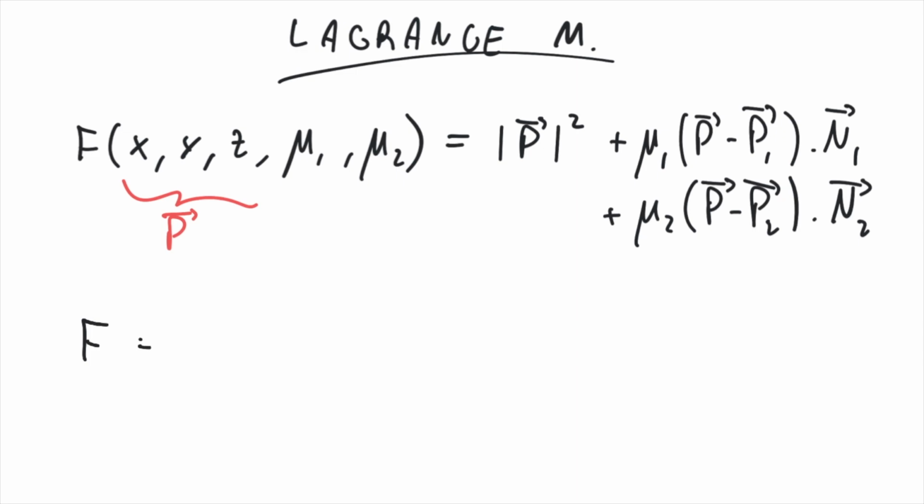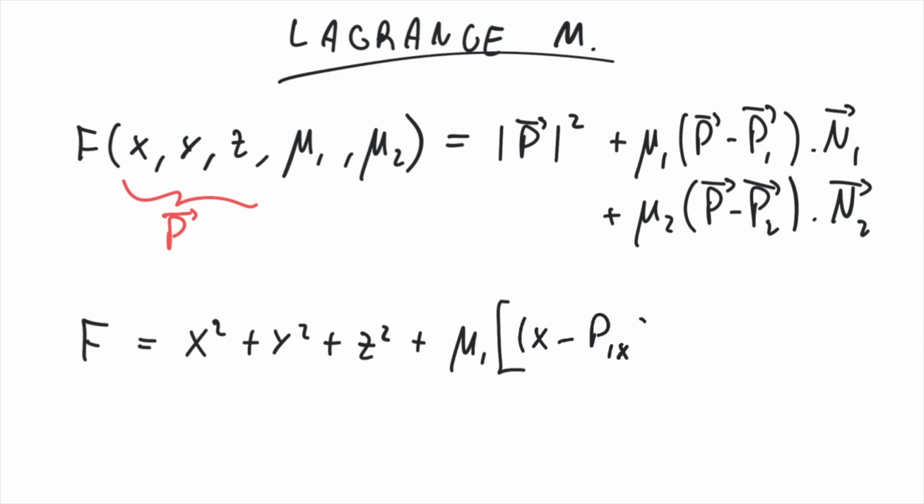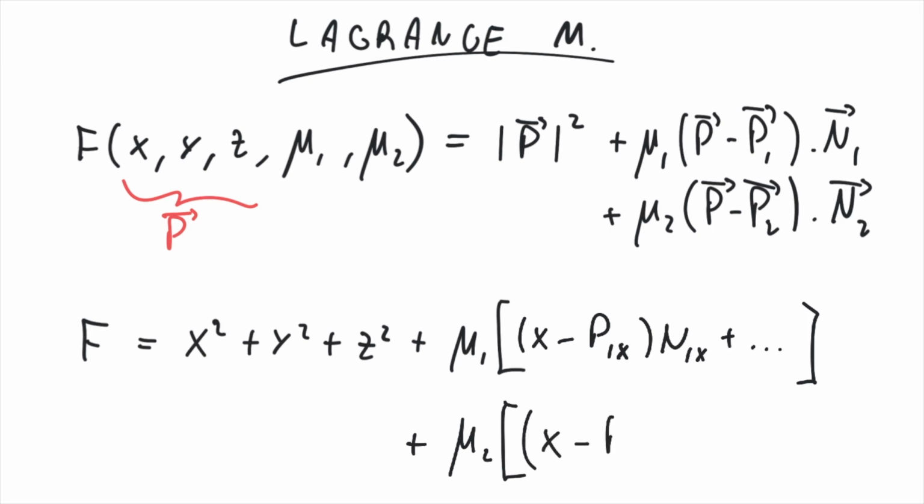So this function has the distance x squared plus y squared plus z squared, and then you have mu1 times x minus p1x times n1x plus and so on for y and z, and then mu2 times x minus p2x times n2x plus the same thing for y and z.